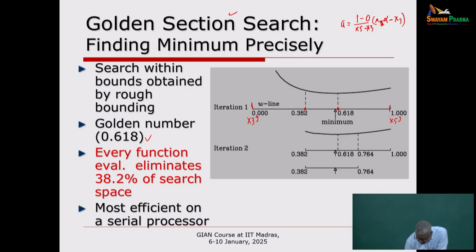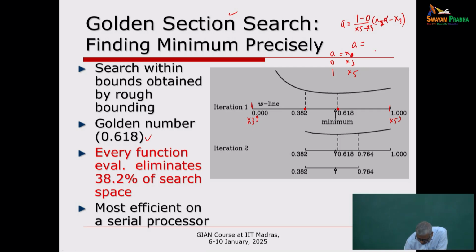So this is if you know the value here, but if I give you the value here, what will that be? A is going to be 0 when x is equal to x3, and it's going to be 1 when x is equal to x5.